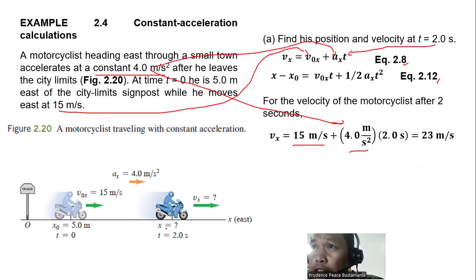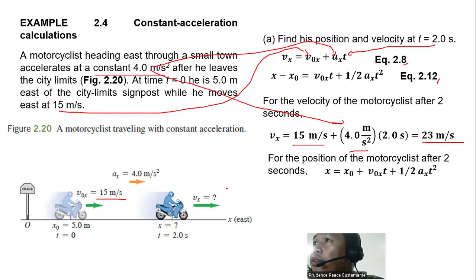So after 2 seconds, his velocity is 23 meters per second. Notice that if you have constant acceleration, the velocity is actually increasing.